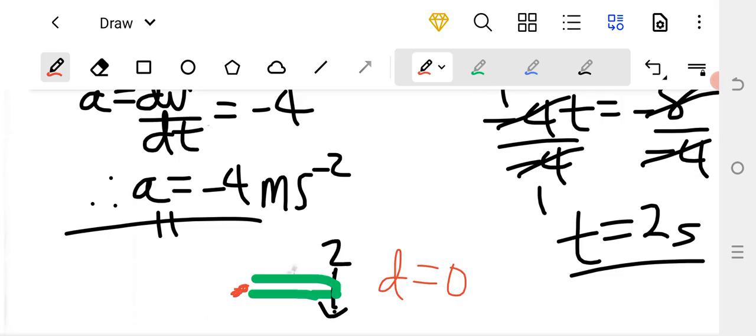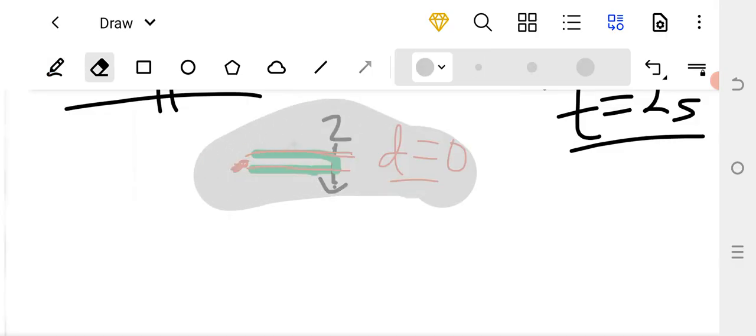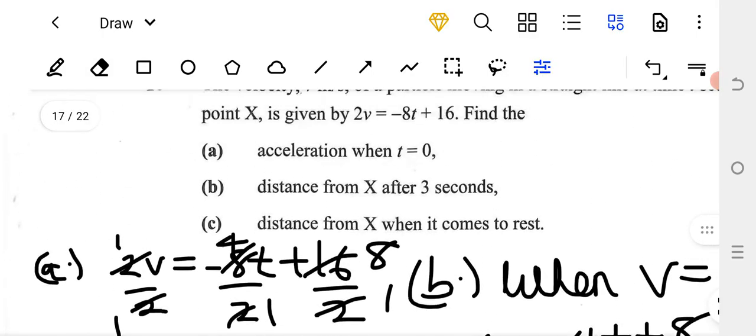That's according to your physics, but here we want distance. Distance will be when you get the value of this, you come and add the absolute value of this. If it's negative, you add the positive value, and that will be your total distance. Yeah, I know maybe that does not make sense, but I will explain by writing.